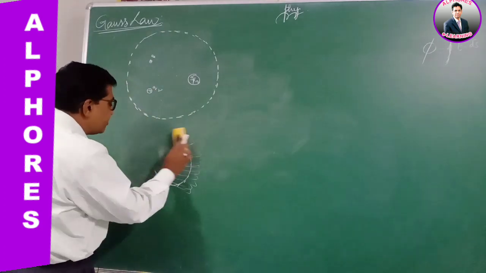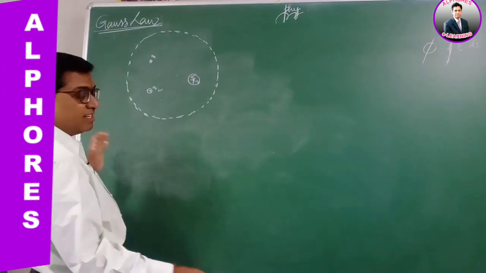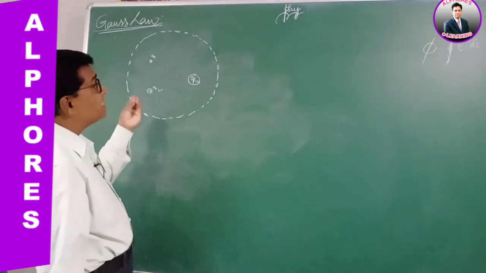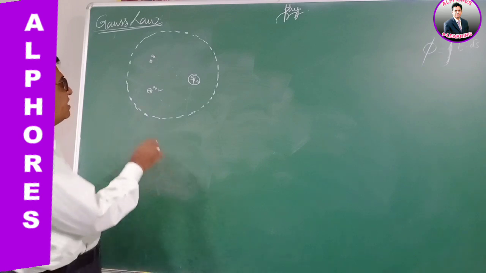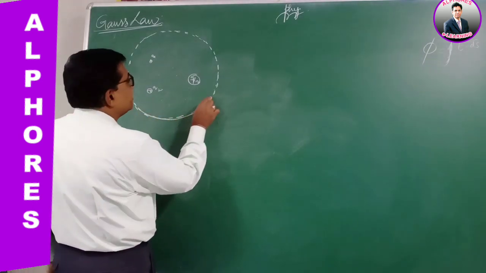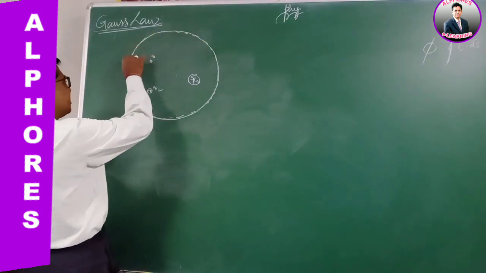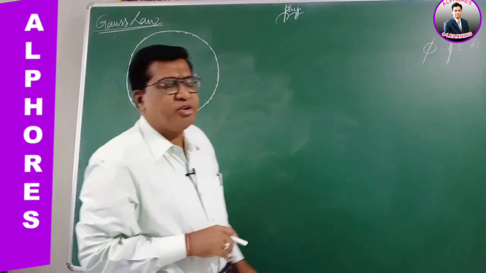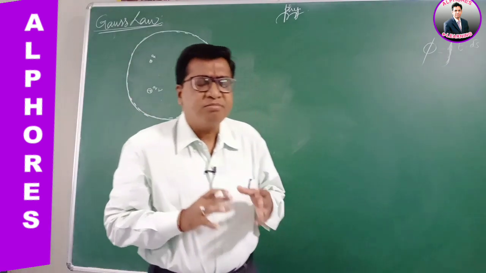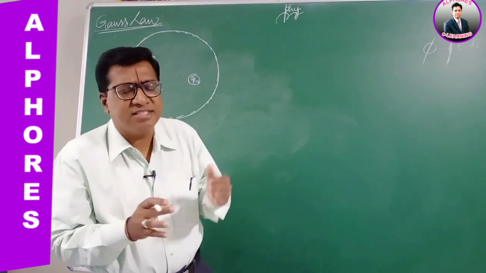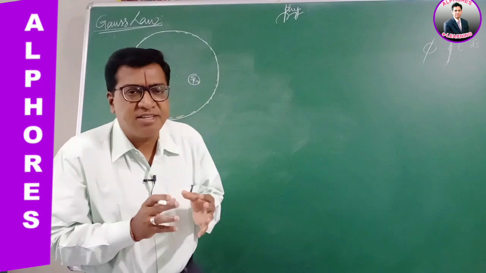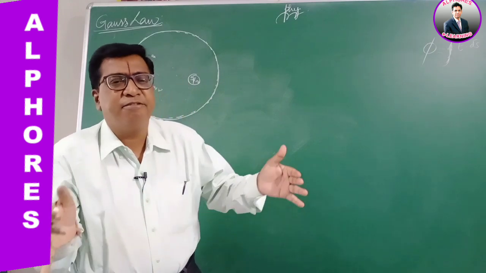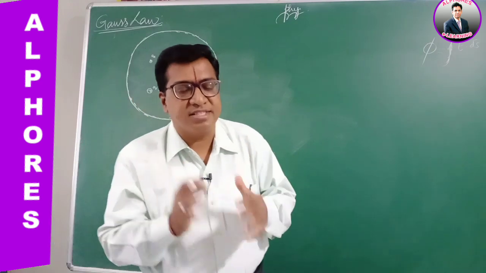On the contrary, now I am imagining the charges inside the surface, and let me imagine a Gaussian surface. A Gaussian surface can be of any shape, but it is easy to deduce the electric field if you imagine a symmetrical Gaussian surface.